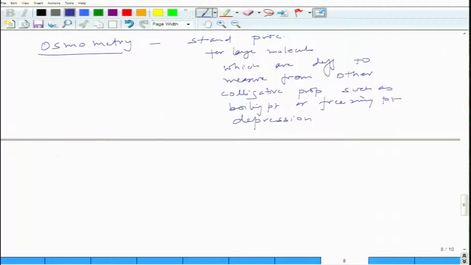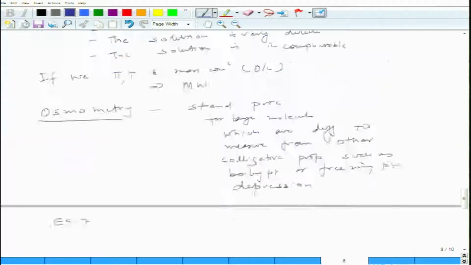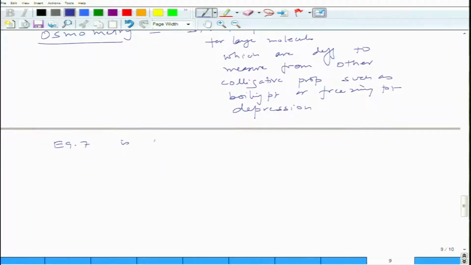So, equation 7 which we wrote here is basically an asymptote that is approached as the concentration of solute goes to 0.